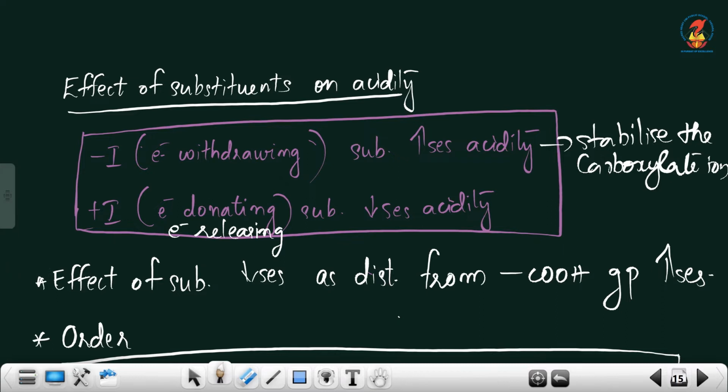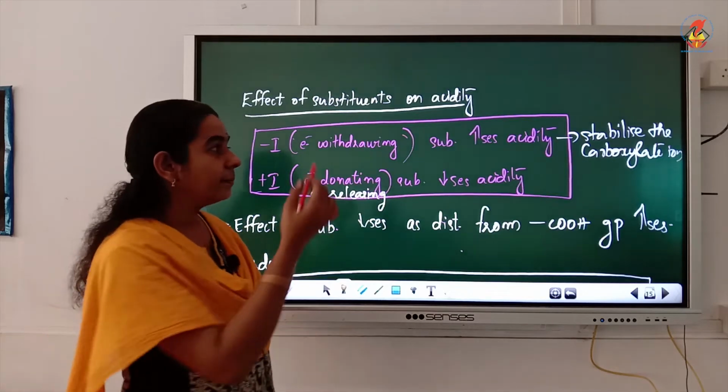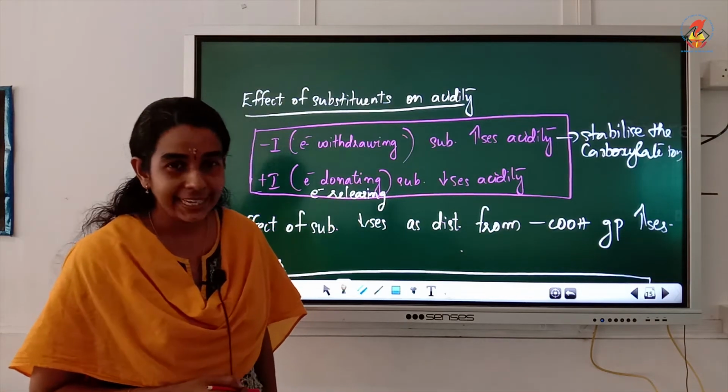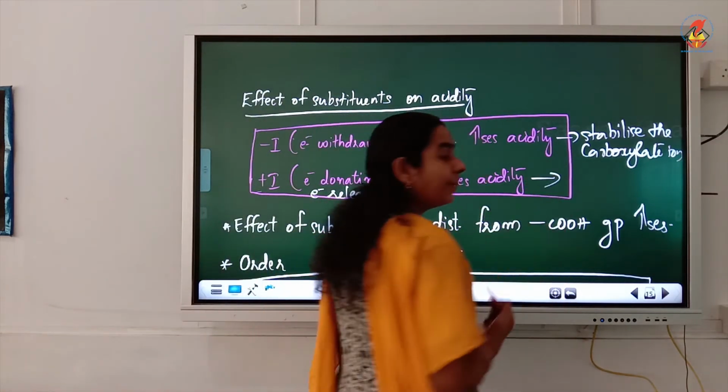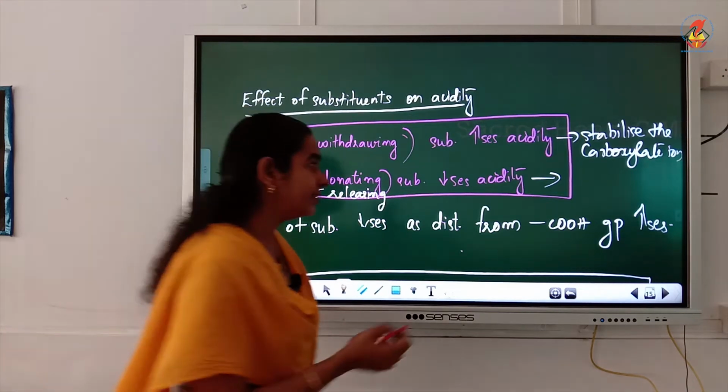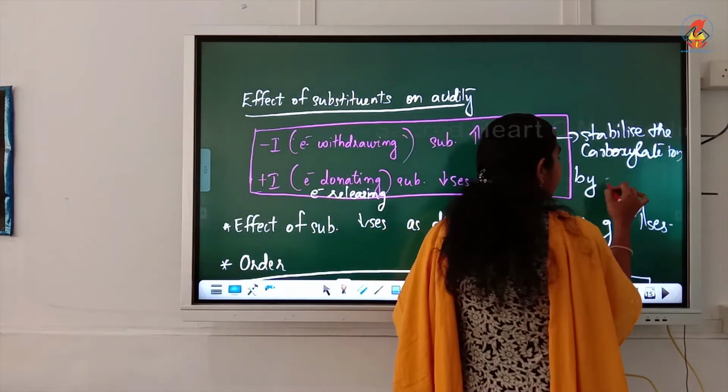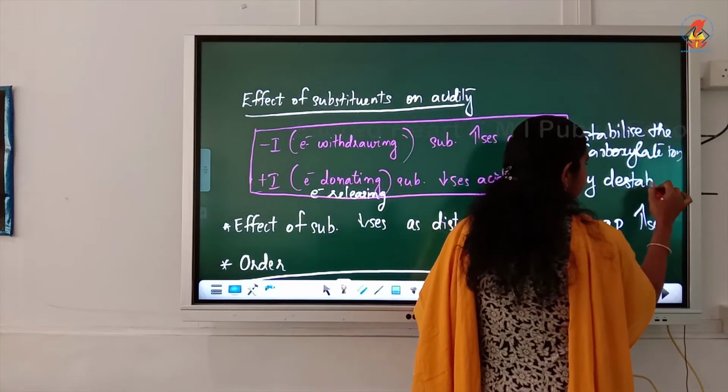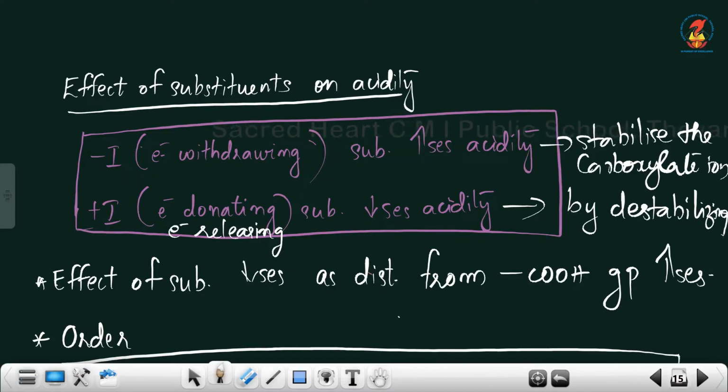So, minus I groups increase acidity by stabilizing the carboxylate anion, and plus I groups decrease acidity by destabilizing the carboxylate anion. These are the two main points on the effect of substituents on acidity.